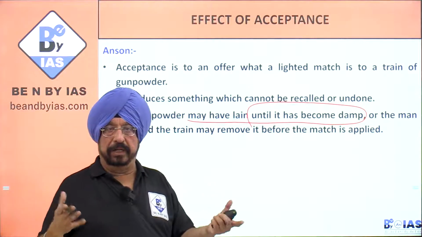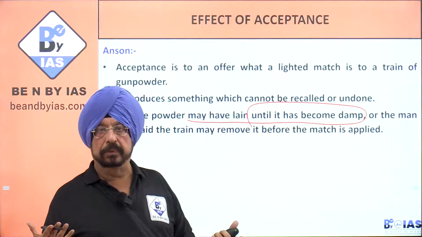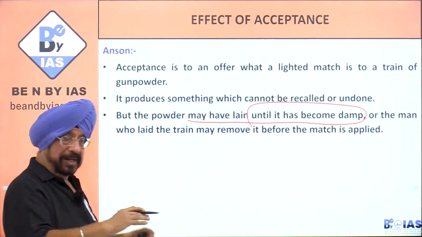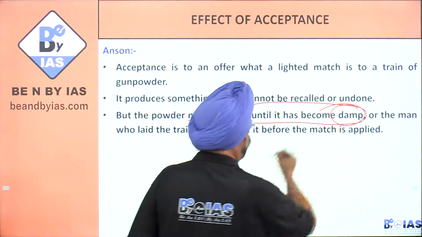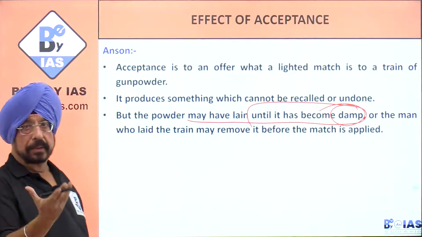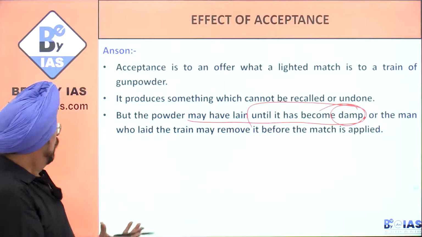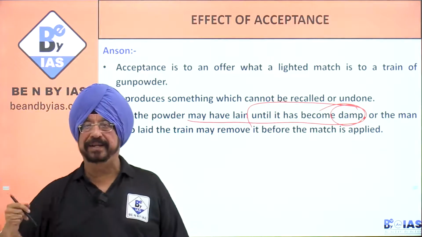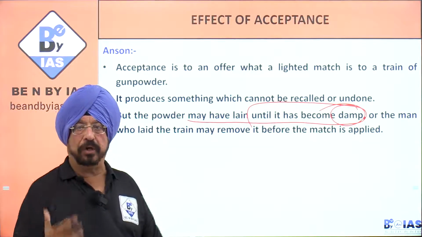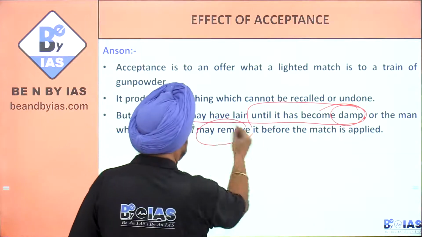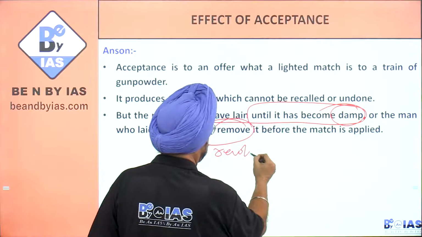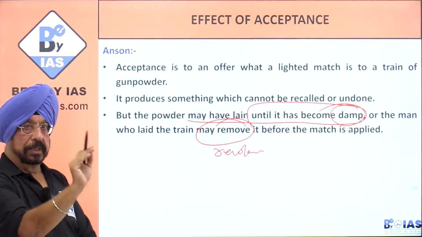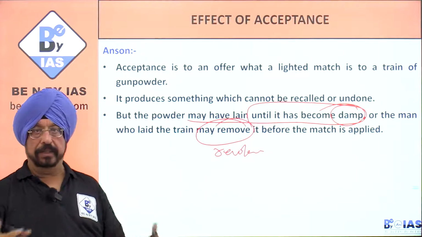Till it lapses. Lapsing of offer is equivalent to damping of the gunpowder. And the man who laid the train may remove it before the match is applied. Removing is what? Revocation. He can revoke. He has withdrawn it before the match is lit.